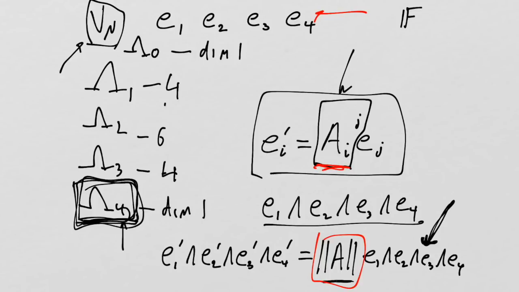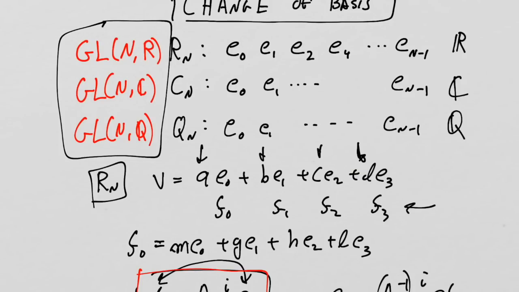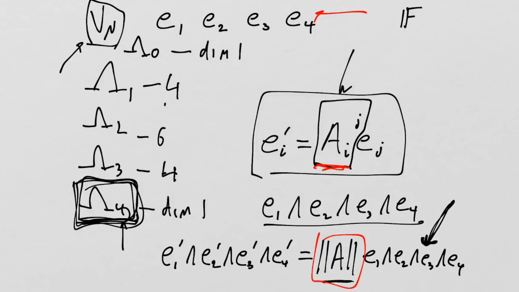So now we can ask ourselves, well, A could be any matrix. A could be any member of, and let's just consider the reals here, A could be any real matrix that's invertible. So in principle, A could be any member of GL(n, R). Well, fine, that will definitely induce a change in this basis, and that will induce a change here where this number will become the new factor of the basis system.